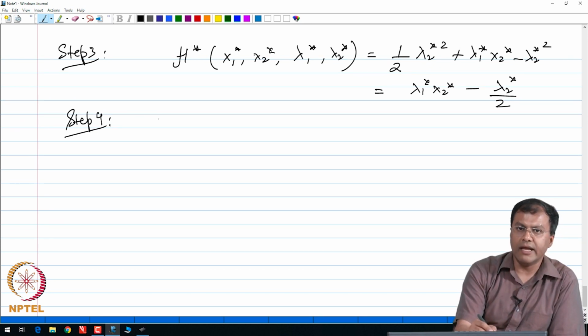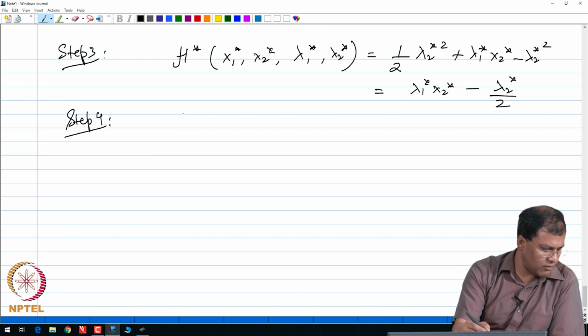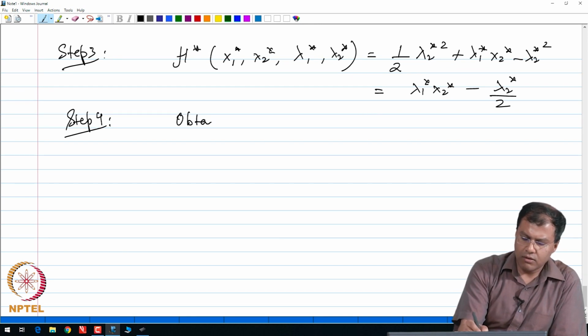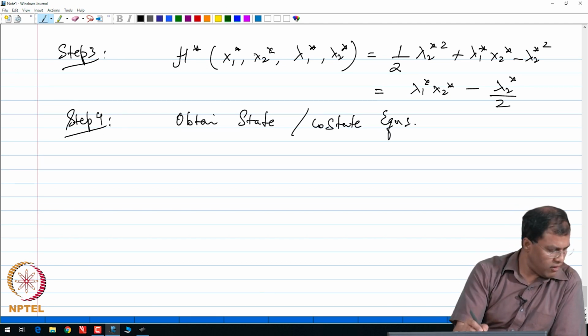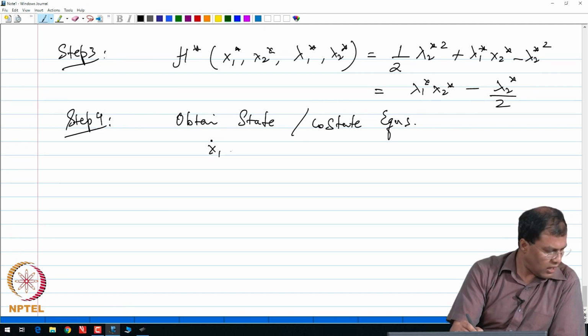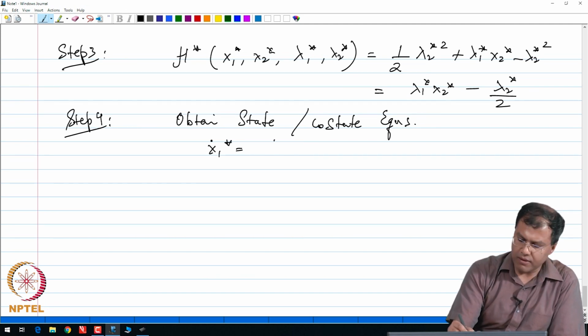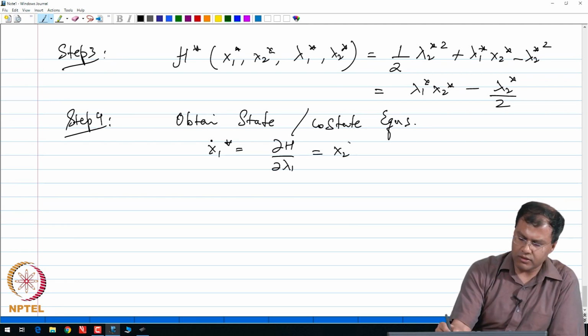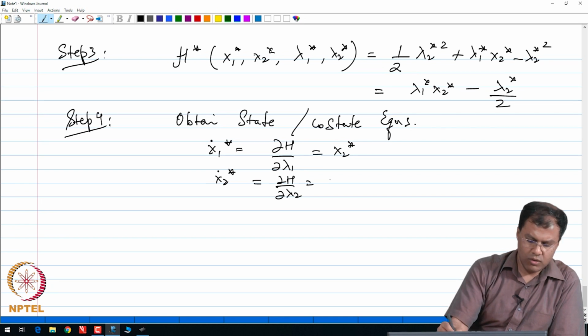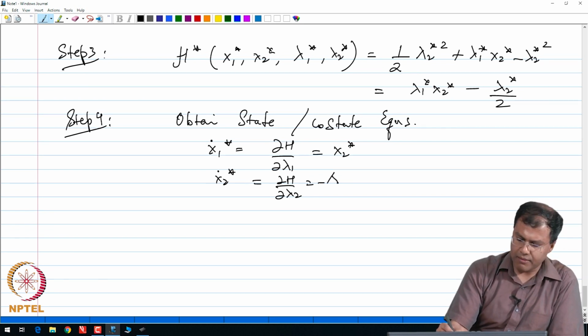And then I have to set up my 2n Hamilton's equations to obtain the state and co-state equations. I see the following. x1 dot star is partial H partial lambda 1, and I differentiate to get x2 star. Then x2 dot star is partial H partial lambda 2, which gives me minus lambda 2 star.